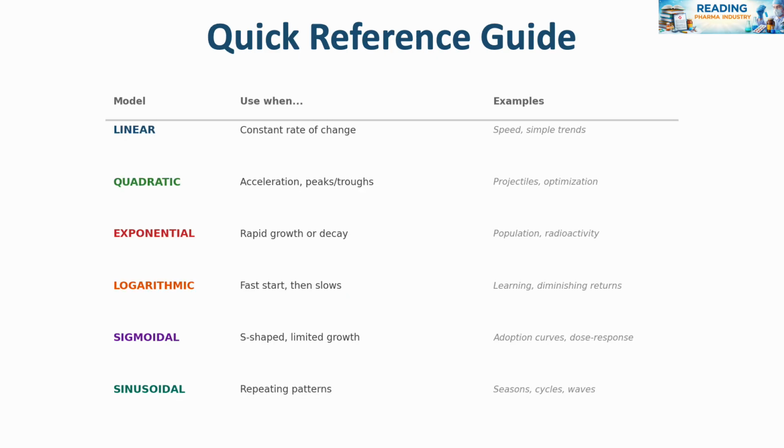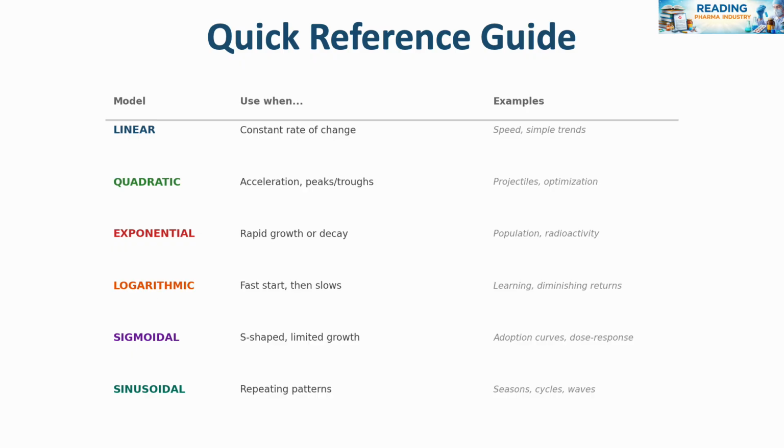This reference summarizes when to use each model. If there is a constant rate of change, as we mentioned before, it should be linear. Is there one turning point? Then you use a quadratic. Is there proportional growth or decay? Then in that case you use exponential. Do you have diminishing returns?